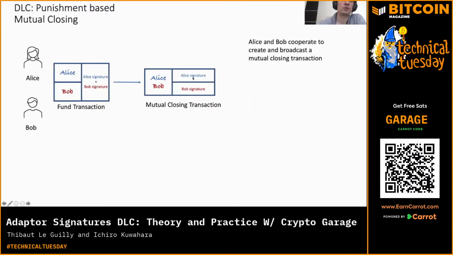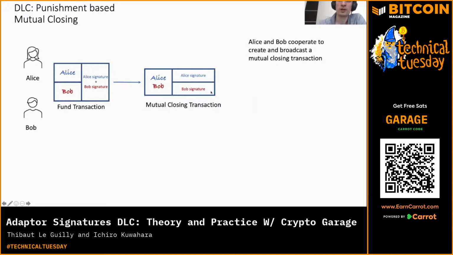If the parties agree, since anyway there are no other possibilities, then once the oracle releases the attestation, they can agree to create a so-called mutual closing transaction, which is just the payouts that correspond to the event outcome.